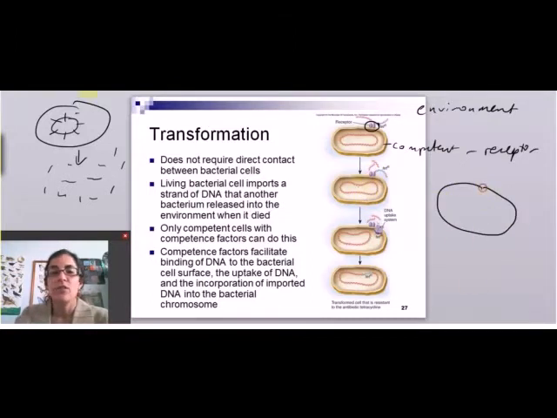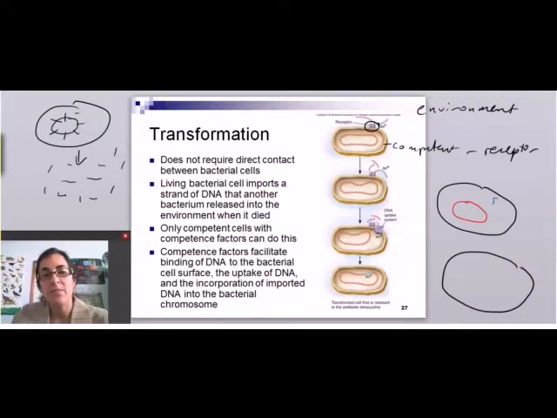So here's the original chromosome, and then it's going to bring in that little piece of foreign DNA. Once that little piece of foreign DNA is in there, there's the possibility, if it matches, so it has to be homologous. Remember that term homologous, similar. If it's similar enough, it will get switched out, just kind of like crossover. It's a really similar mechanism to crossover that we learned about in eukaryotes.